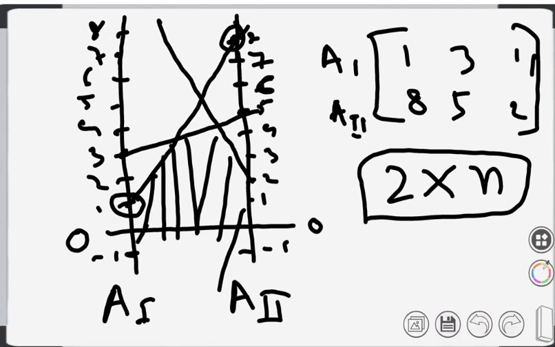For a 2 cross n matrix, we have to choose the lower envelope. See, this is the lower envelope. Do you get my point? This is the closed region.